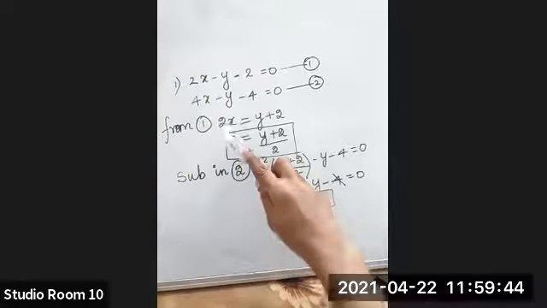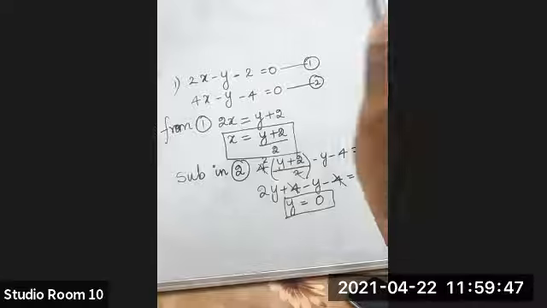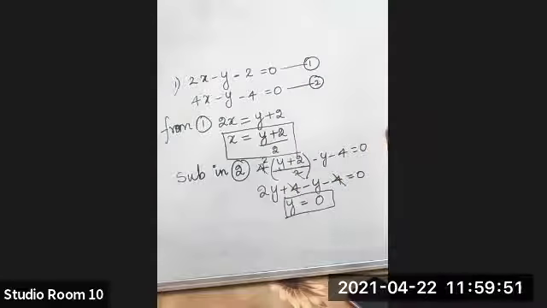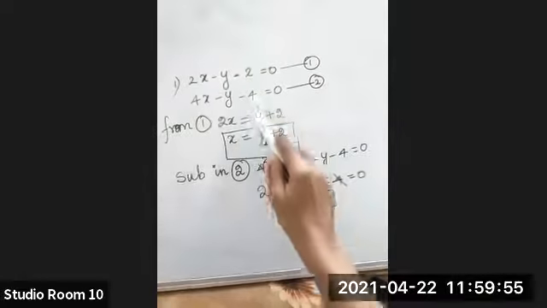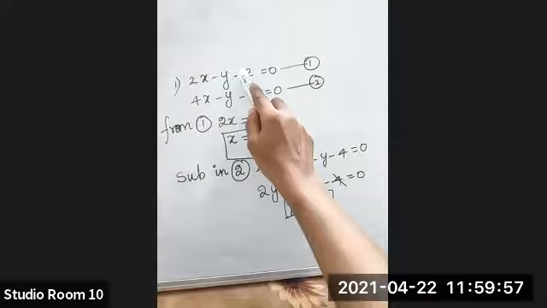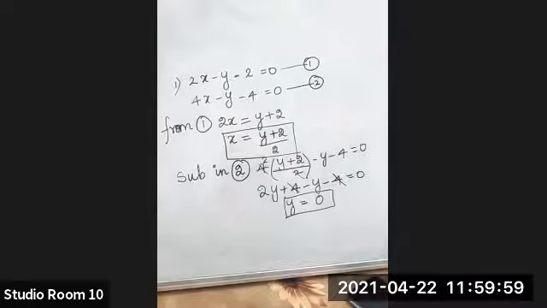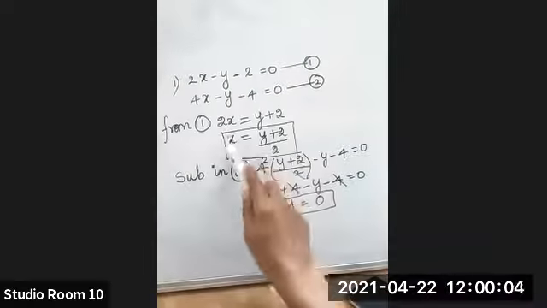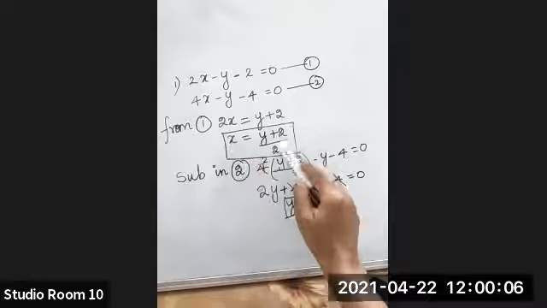We take all the terms without x to the other side. When we transpose, the sign will change. Here negative becomes positive, and negative 2 becomes positive 2. So we get 2x is equal to y plus 2. Therefore, x is y plus 2 by 2.